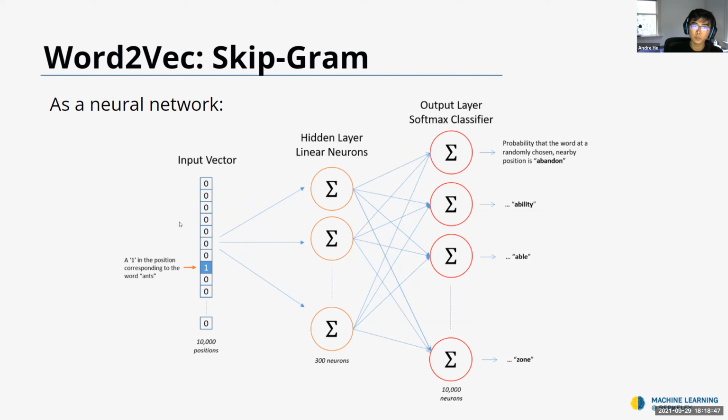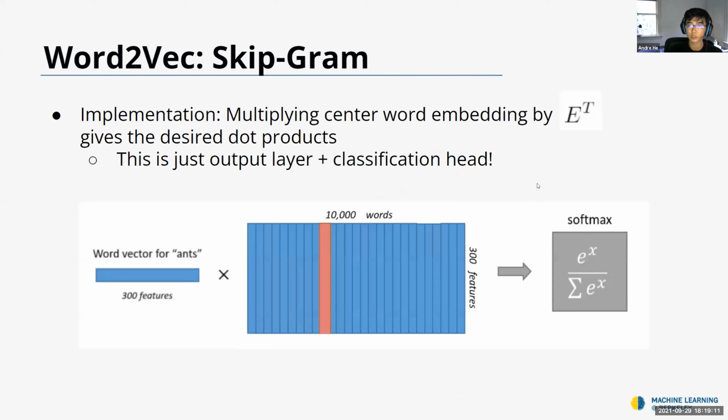The weights from this one hot vector to the hidden layer is your word embedding matrix. The reason is that you want the values at your hidden layer to be the word embedding of the word you put in. So just multiplying by the word embedding matrix will give you that. And then the weights from your hidden layer to the output layer is E transpose. And that's what we talked about here.